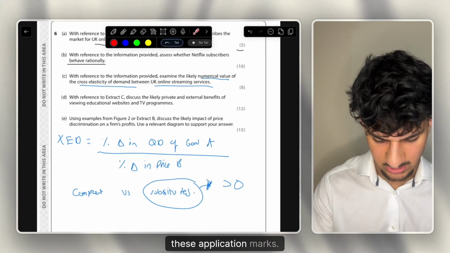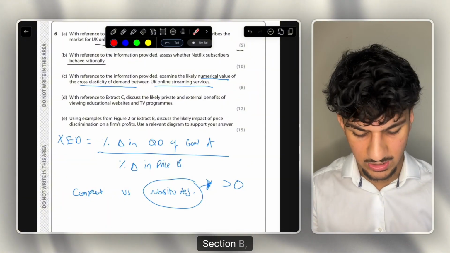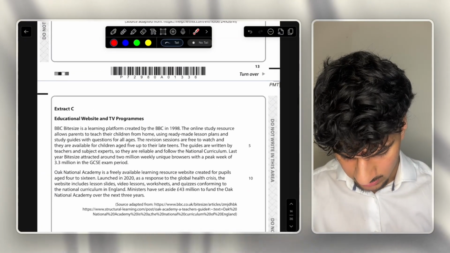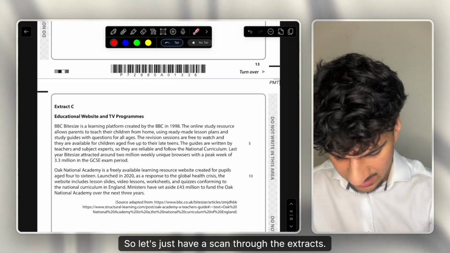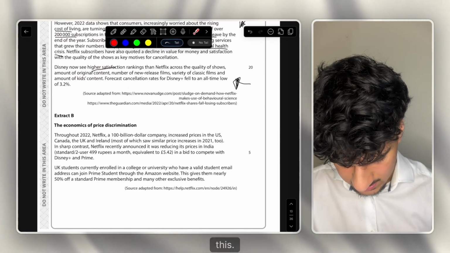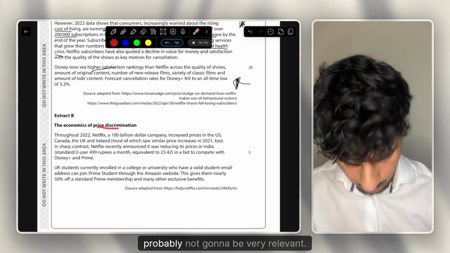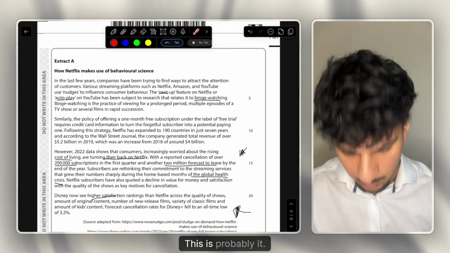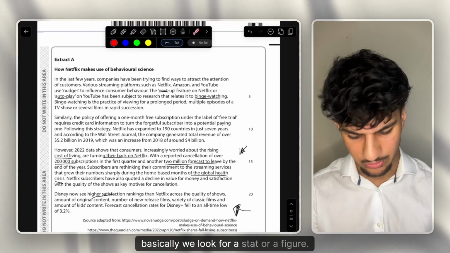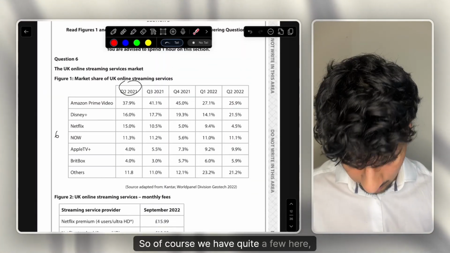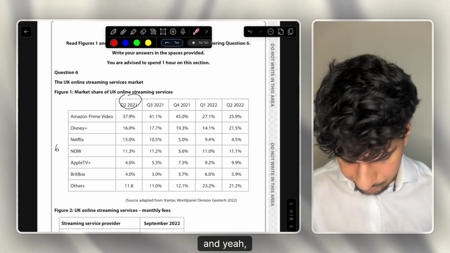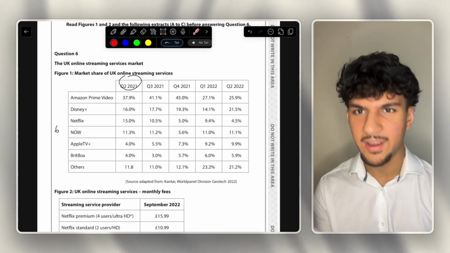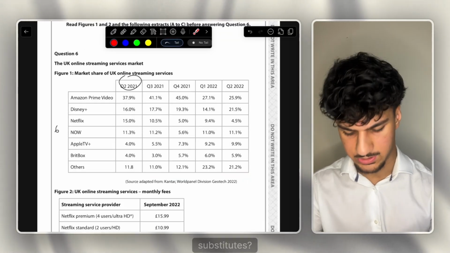Then your application marks. How are you going to pick up these application marks? Now this is where, of course, for your section B, you will have to use your extract. So let's just have a scan through the extracts. This is probably not going to be very relevant for this. Economics of price discrimination, probably not going to be very relevant. This is probably it, but for this question, basically, we look for a stat or a figure. So, of course, we have quite a few here. And yeah, this is talking about market share. And how can we use this to prove they're substitutes?